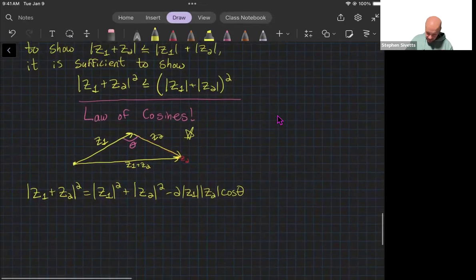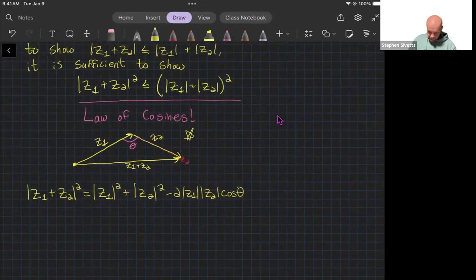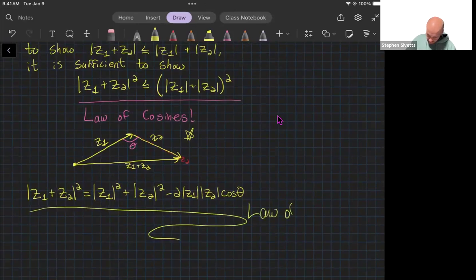So that's the law of cosines right here, back in pre-calculus, right?